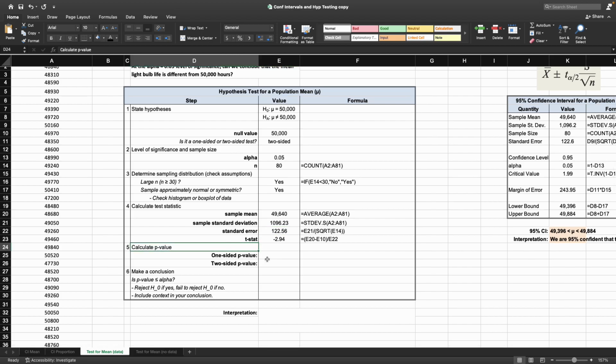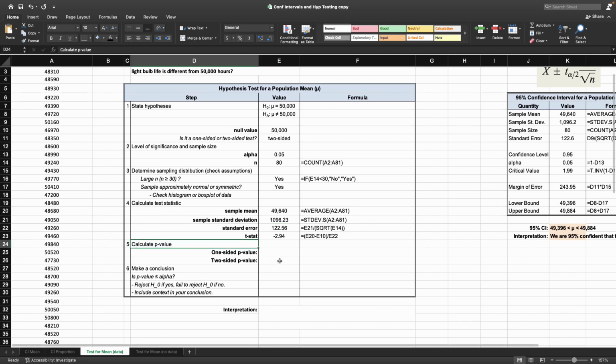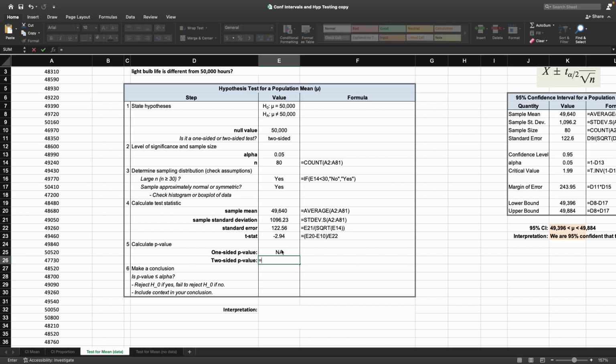Okay, calculating the p-value. So is this a one-sided or a two-sided test? So this is one-sided, right? We decided that up here. So we're not worried about one-sided for right now. So for this, we're going to use a function called T.DIST. So equals T.DIST, and then go down to RT at the bottom.